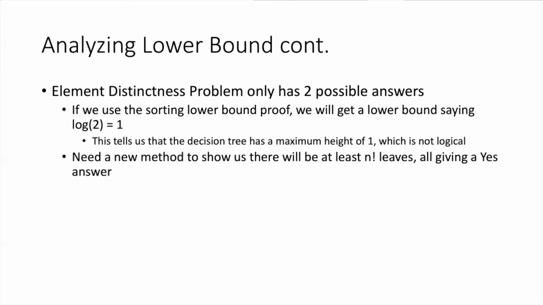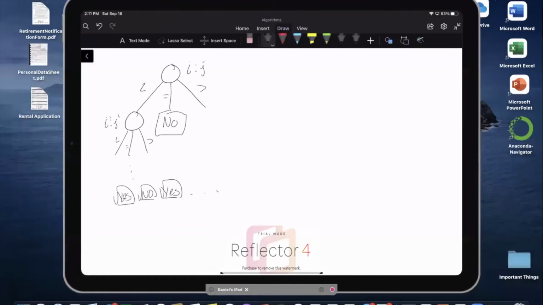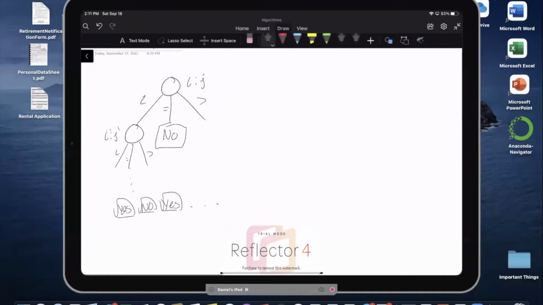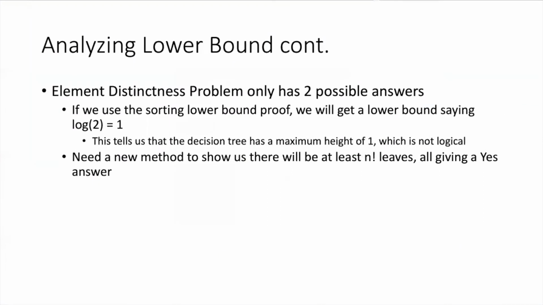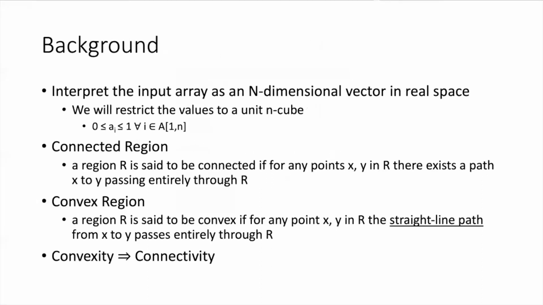That's not very logical, because the height is obviously going to be greater than 1. Therefore, the sorting lower bound proof is not going to work. So we need a new method to show us that there will be at least n factorial leaves that are all giving a distinct yes answer.